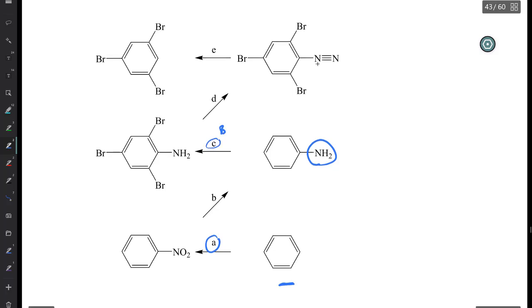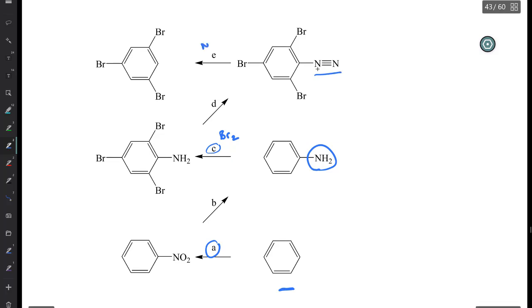That's the only one that's really significantly different than what we've looked at before, because the amine group is a strongly activating group. Then you convert it to the diazonium salt, and then you use H3PO2, hypophosphorous acid, to reduce that off.